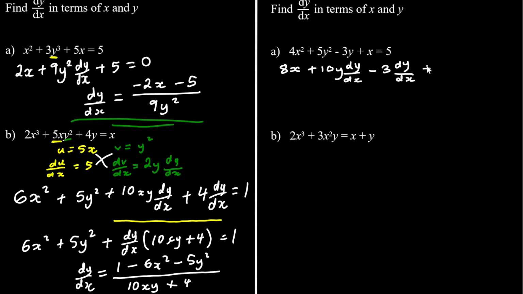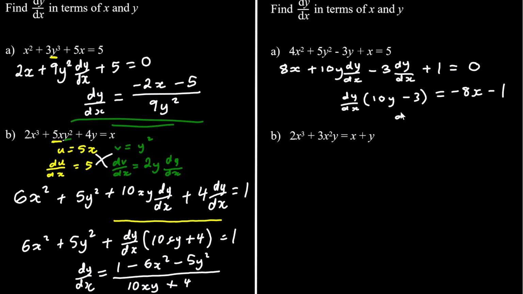Then we've got x, which gives a gradient of 1, equals 5, which gives us 0. The gradient of 5 is 0. So we're going to factorize dy dx out of 2 terms and move everything over to the other side. So dy dx times 10y minus 3 equals negative 8x minus 1.